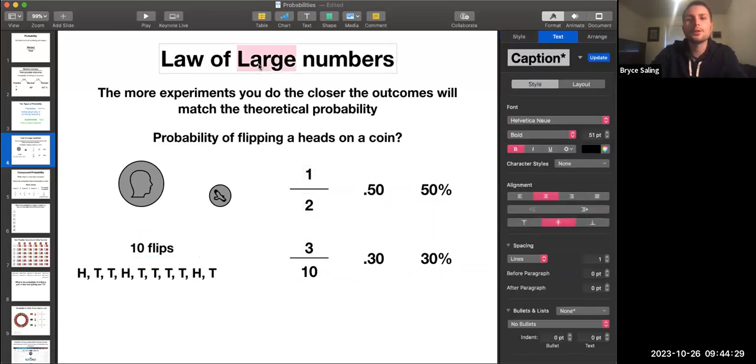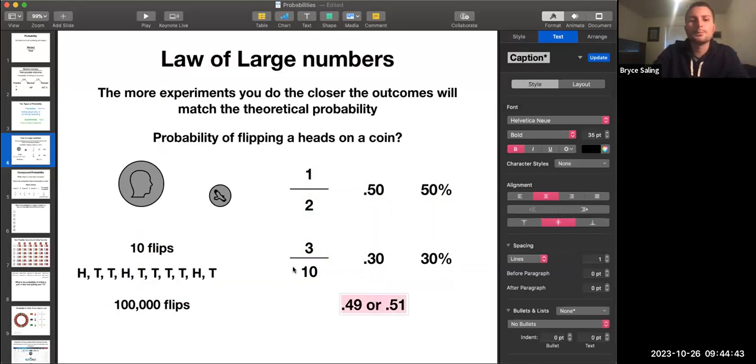But what the law of large numbers says is, if we did 100,000 flips, it would probably be close to 0.49 or 0.51. So it'd be maybe a percent or 2 off, but it would get closer and closer.